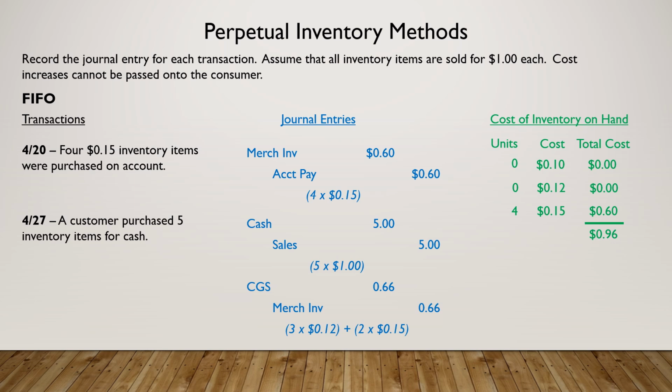The 15-cent layer only has 2 units left. Consequently, ending inventory is valued at 30 cents. As we did at the end of the specific ID scenario, you can corroborate this amount by drawing a T account for merchandise inventory, posting the transactions, and calculating its balance.